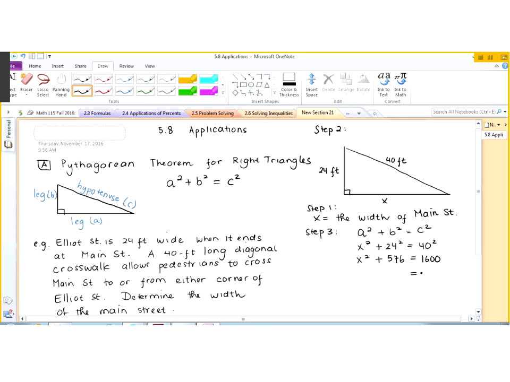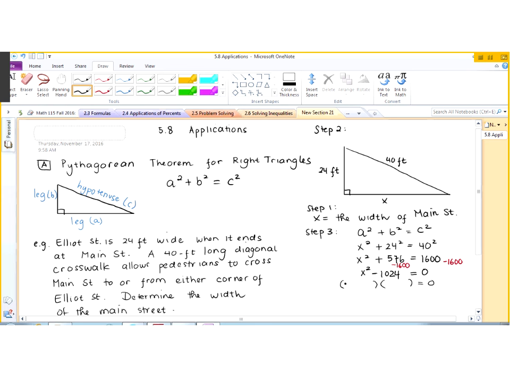Now, is this in standard form? No. How do you change it to standard form? Subtract 1600 from both sides. So X squared minus 1024 is equal to 0. Is 1024 a perfect square?